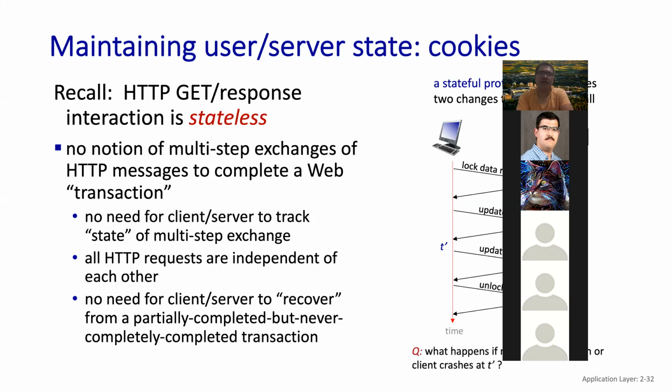So if something bad happens, if the network connection fails or the client crashes at time T prime, then this multi-stage transaction hasn't been completed, right? What will happen? That's a question, okay? If you don't have any information to record this, then something bad will happen, right?